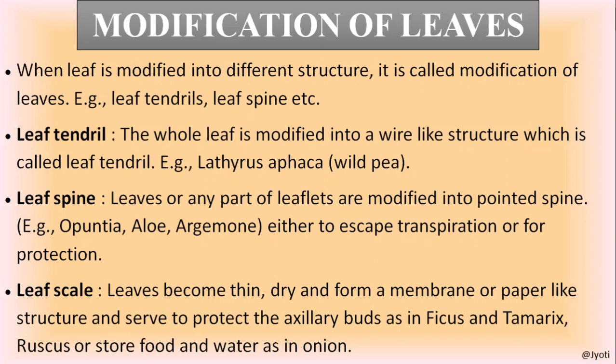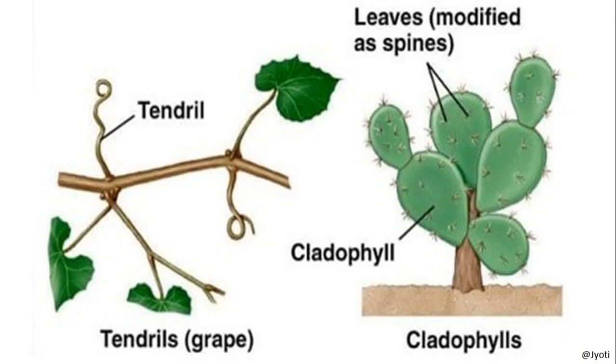The first one is leaf tendril. Here the whole leaf is modified into a coiled wire-like structure, which is called leaf tendril. It is seen in the case of wild pea, because here the stem is weak, so some of the leaves are modified into tendrils, and the tendril helps the plant to climb up the support.